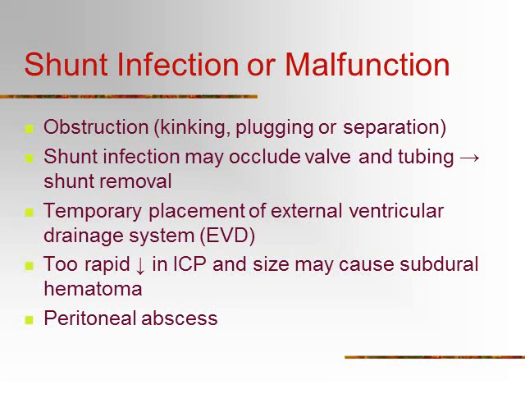And then they can temporarily place an EVD, which is an external ventricular drainage system, to allow the extra cerebrospinal fluid to still drain. But you want to do it slowly. If you quickly decrease ICP, you can actually cause a subdural hematoma. So you have to slowly adjust things. And this patient would definitely be in the ICU. And then also patients can get a peritoneal abscess from the drainage in the stomach or abdomen.